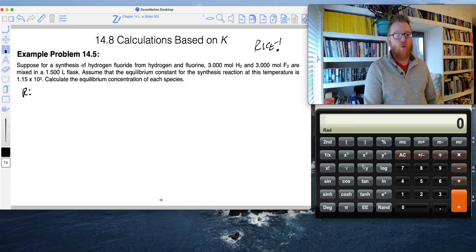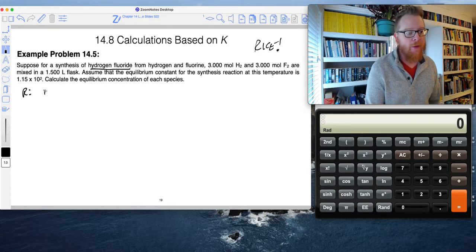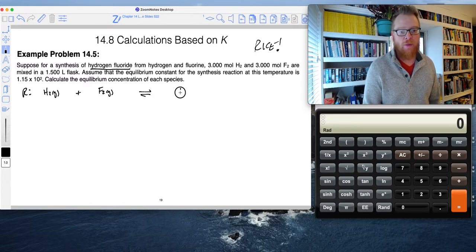So suppose for a synthesis of hydrogen fluoride, that means hydrogen fluoride is the product. We're trying to synthesize it from hydrogen and fluorine, so that means we're making it from molecular hydrogen, H2, plus fluorine, F2, and those are in equilibrium with HF.